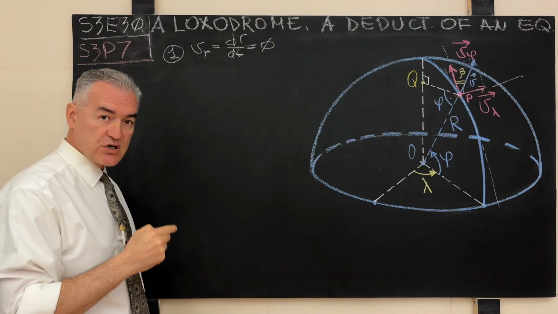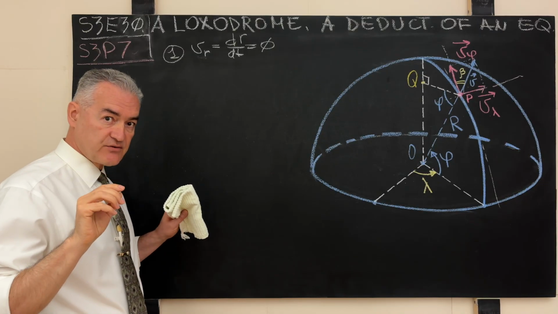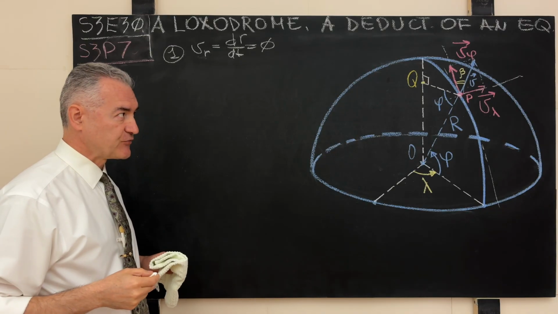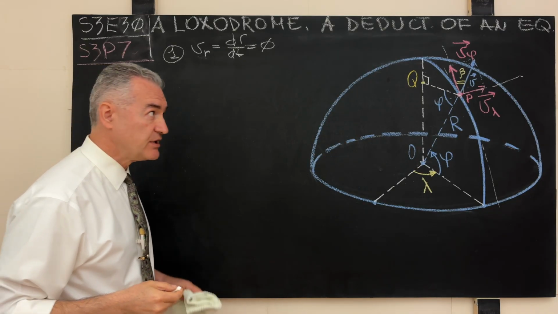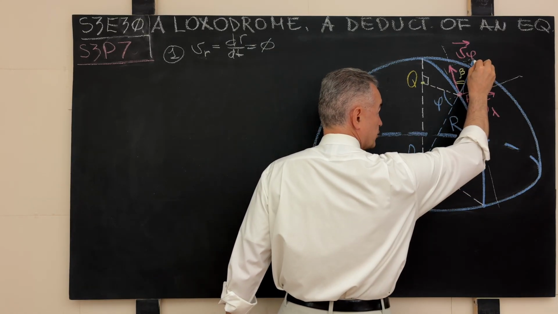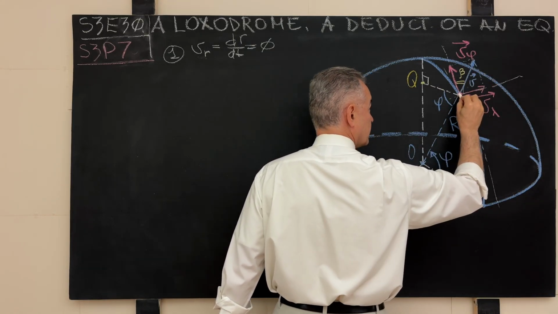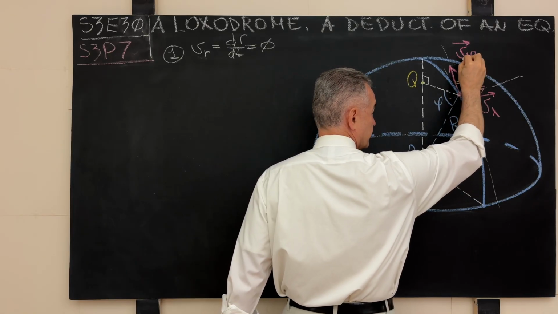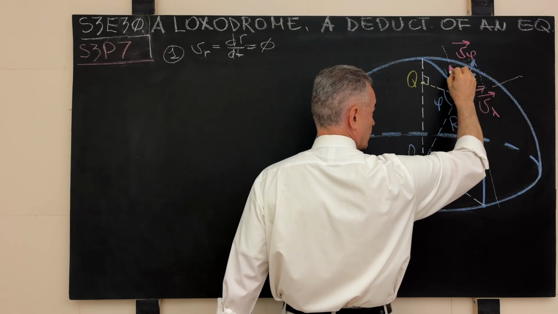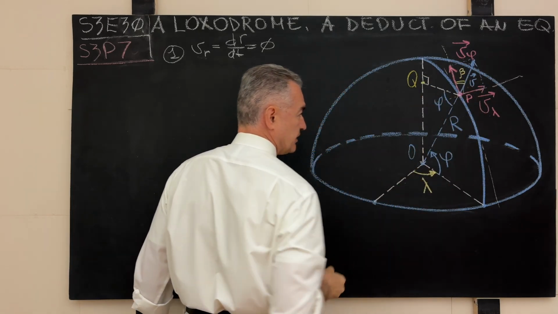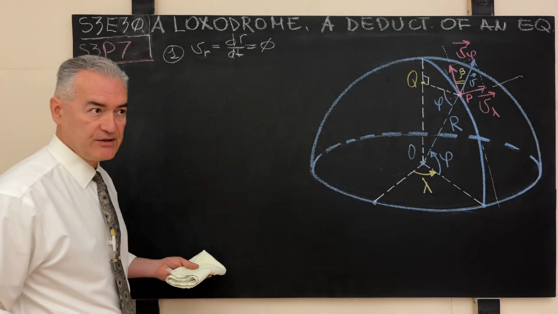And this is how we measure the angle between the trajectory, the mysterious curve not known to us yet, and the meridian. This is the angle between the complete or the total vector v and the latitudinal velocity v phi shown in red over here. This is the angle beta. This is the angle that must be constant. So this is the key observation.